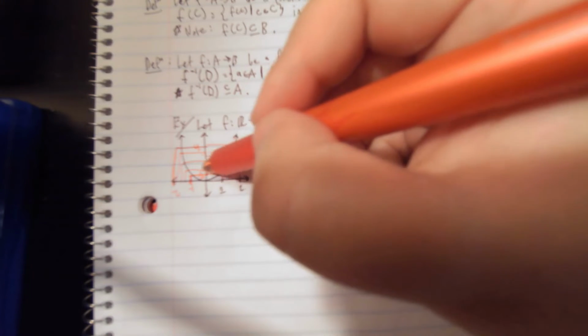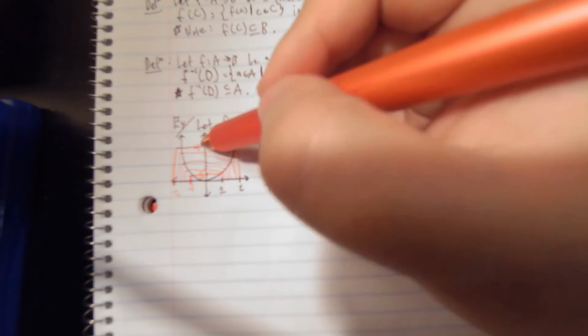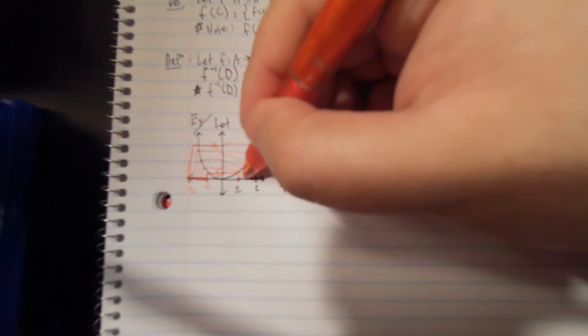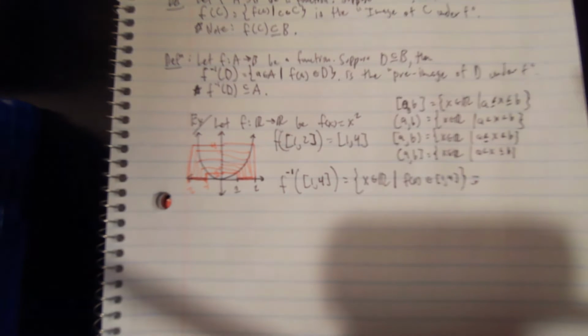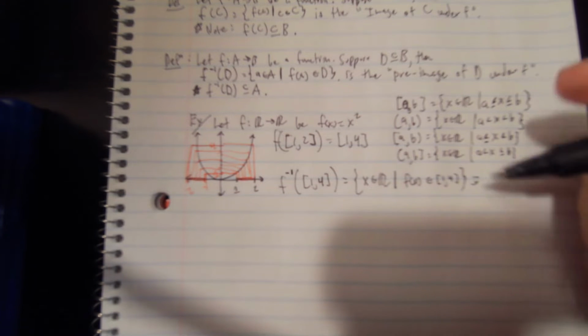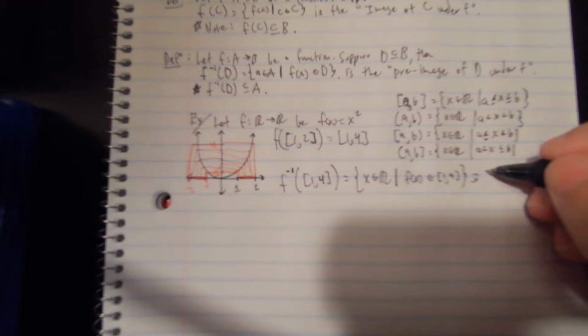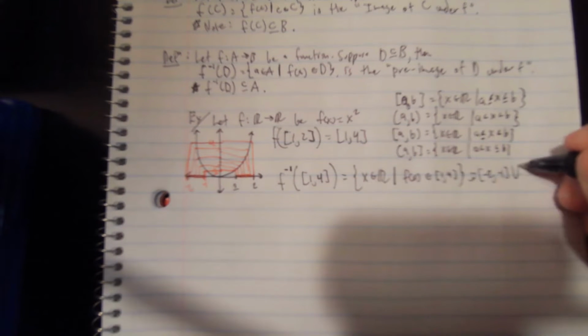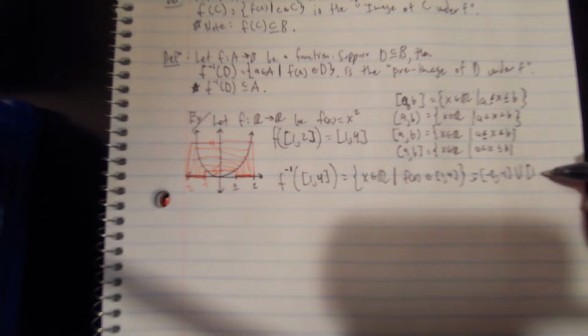Every value here also is going to go between 1 and 4. So then the pre-image of (1, 4) is going to be both this strip of the x-axis and of course this strip of the x-axis, meaning the pre-image of (1, 4) is (-2, -1) union (1, 2).